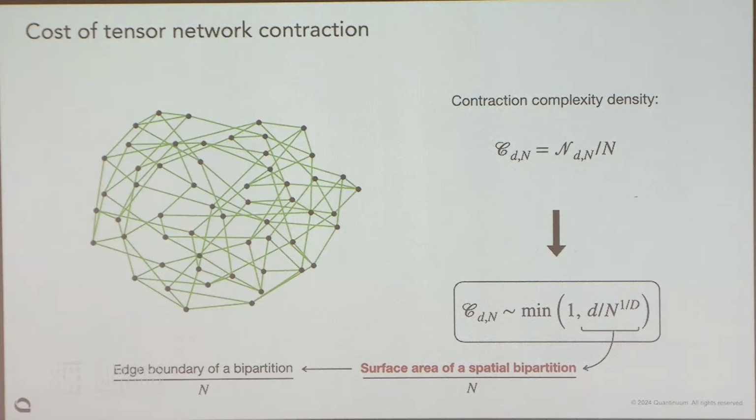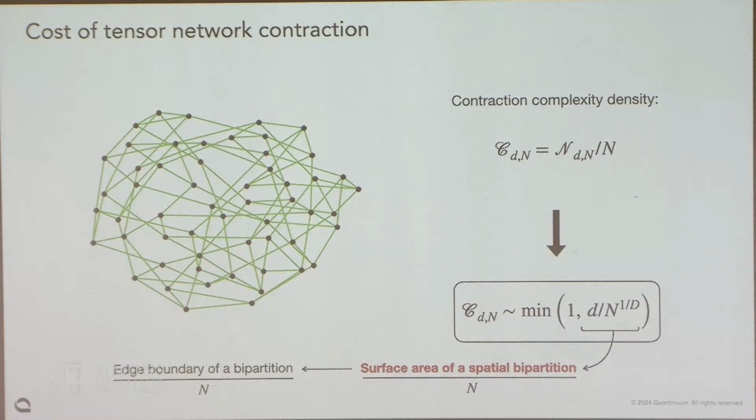Now, for a random circuit, a random geometry circuit, the gates are laid out like this, right? We have all of these nodes, and the gates are just a mess. They go all over the place. And so it's not really a spatial bipartition anymore. It's just a generic bipartition of this graph into two different sets of nodes. The right notion to replace the spatial bipartition with is the edge boundary of a bipartition.